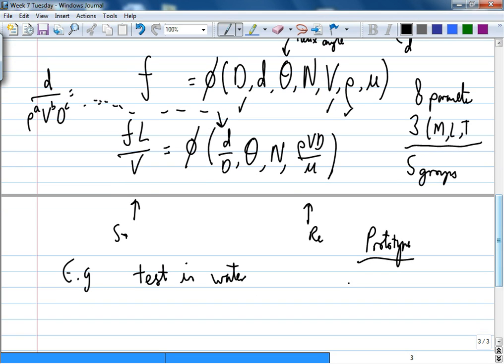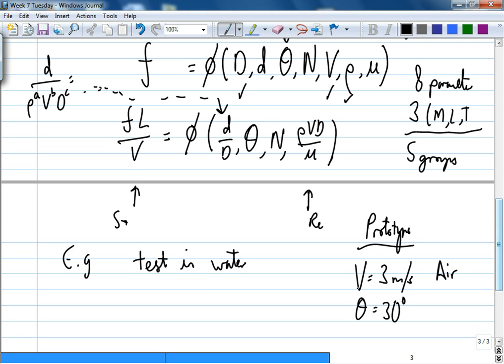The prototype velocity is maybe 5 meters per second, maybe too high, say 3 meters per second in air. Maybe theta is equal to 30 degrees, or how many radians doesn't matter. 30 degrees equals 30 over 180 times pi. Is that right? I think so.